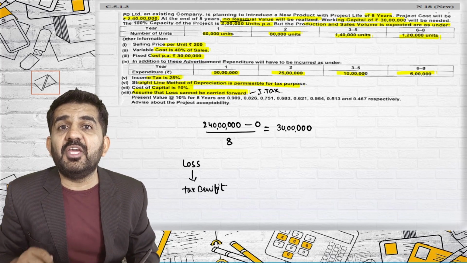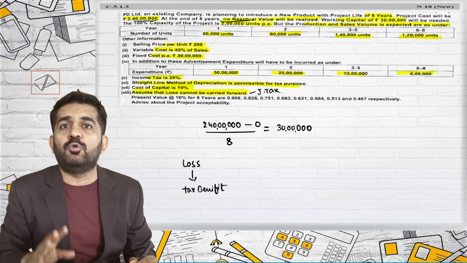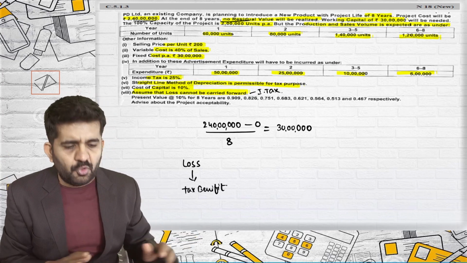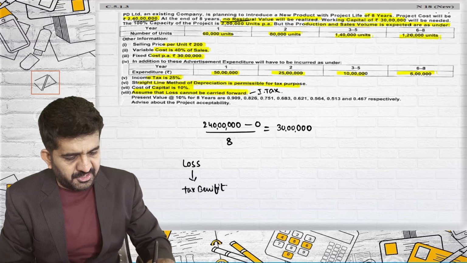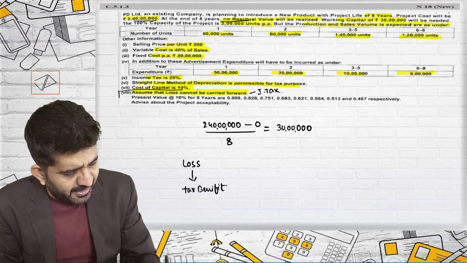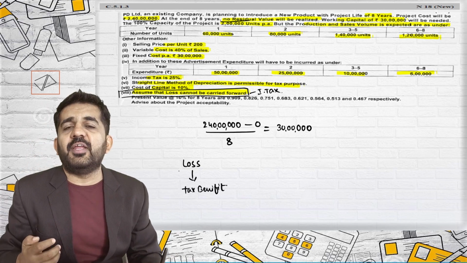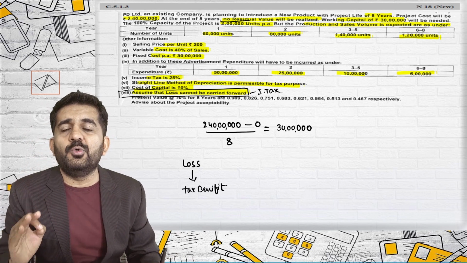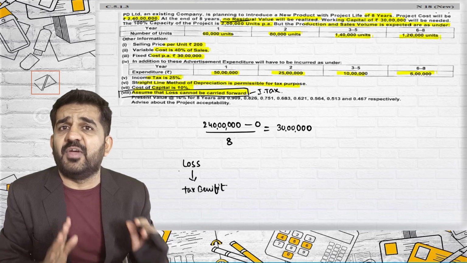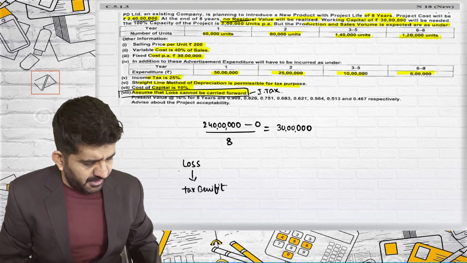You might be having other income on which you will have to pay less tax, but it is nowhere written in the question. But one thing is written: assume that loss cannot be carried forward. Now you will feel, sir, it is a very new concept, but believe me, when you do your income tax subject, this will become very easy. What does it mean?